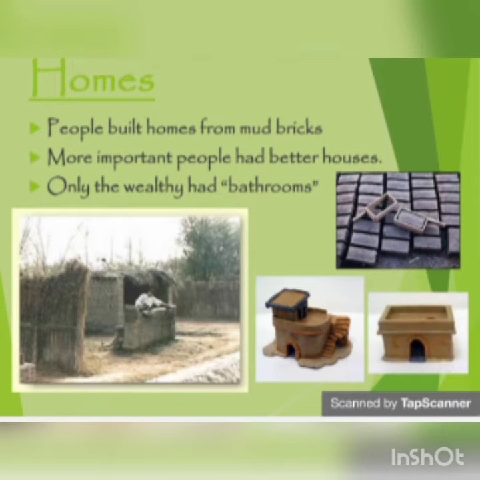And regarding their architecture, that is making the town planning, the homes were made of mud bricks. And for some important people, they lived in better houses. Only the wealthy had bathrooms.